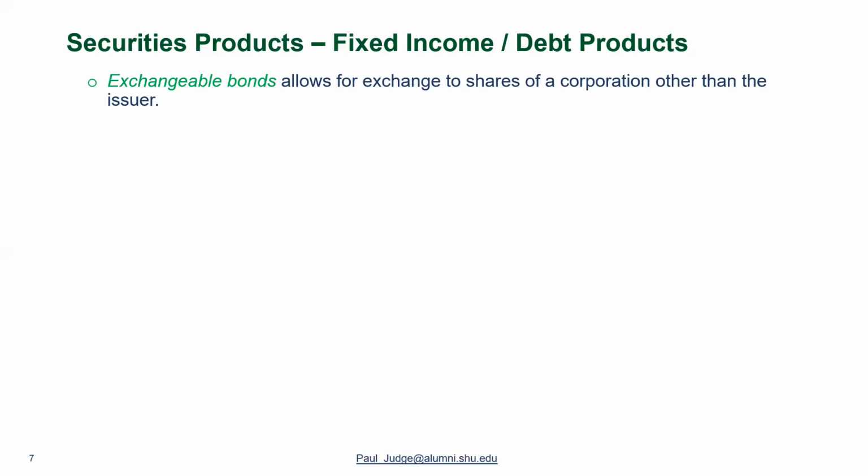So whereas we were talking before about convertible bonds, company X issued the bond, and they give you the option of converting the bond to shares in company X. In the case of exchangeable bonds, company X issues the bonds, and they allow you to convert to shares of company Y, some other issuer, some other security product. So that's exchangeable bonds.